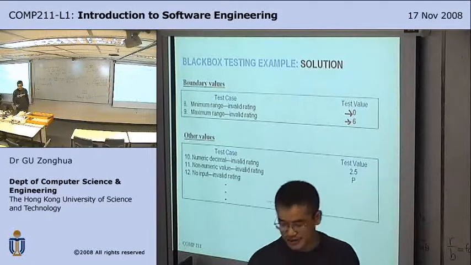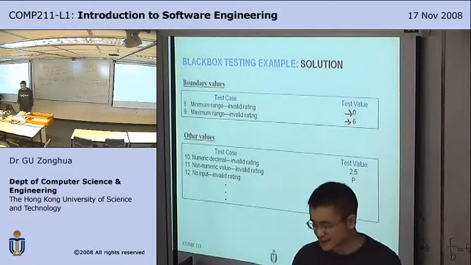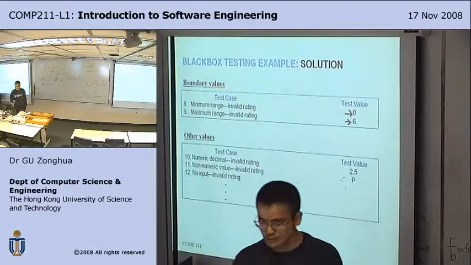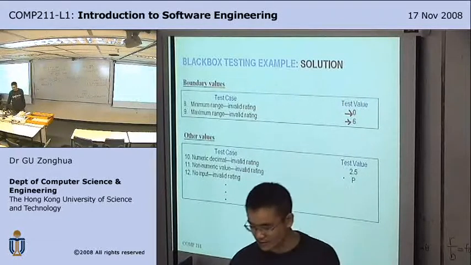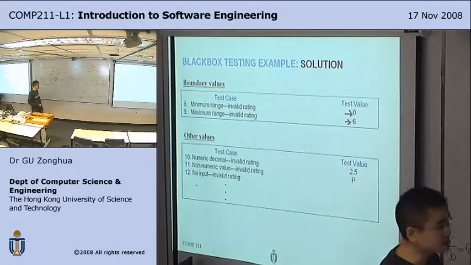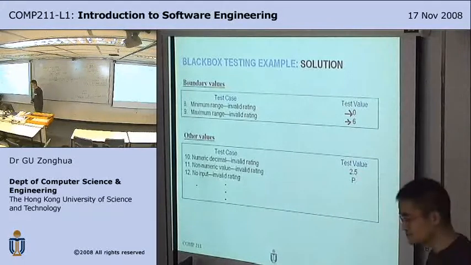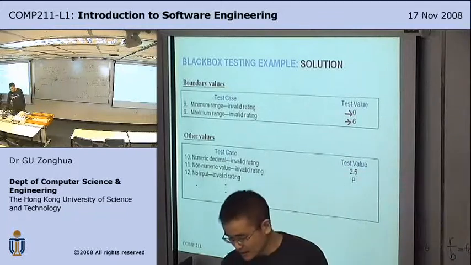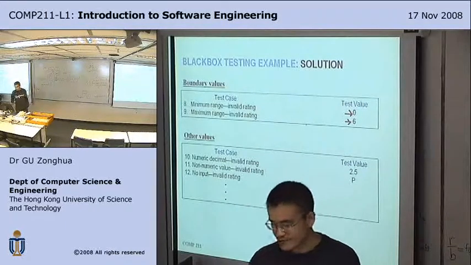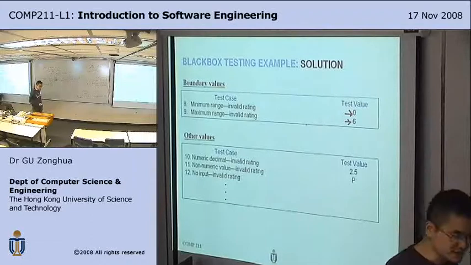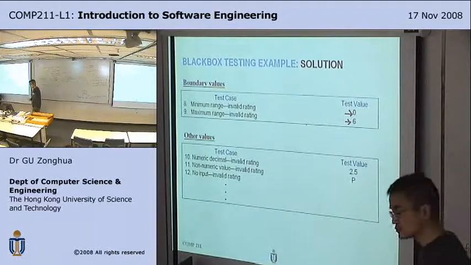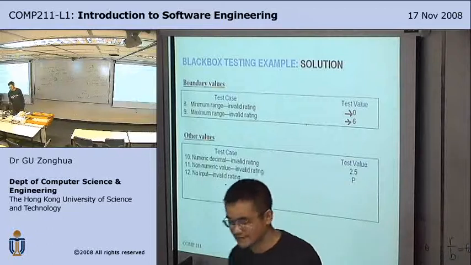Other values, that is, you pass in invalid inputs like 2.5, like a character P instead of a numeric value, or like a null input as an invalid rating. Obviously, the better design for the system is to have a drop box, a selection box with 5 choices, 1 to 5.